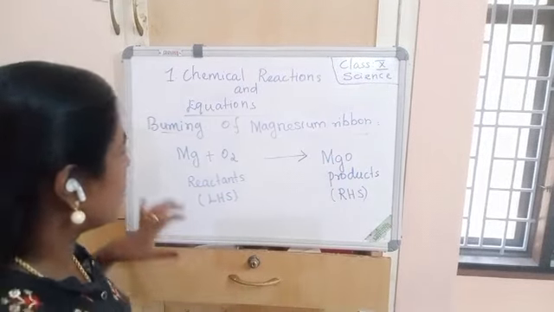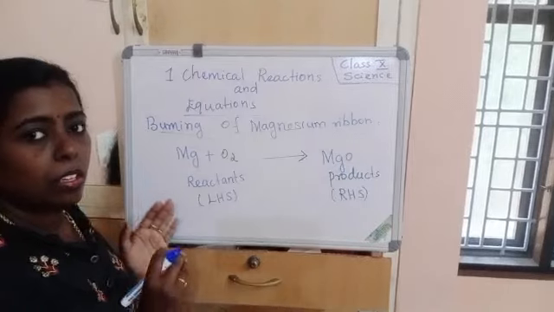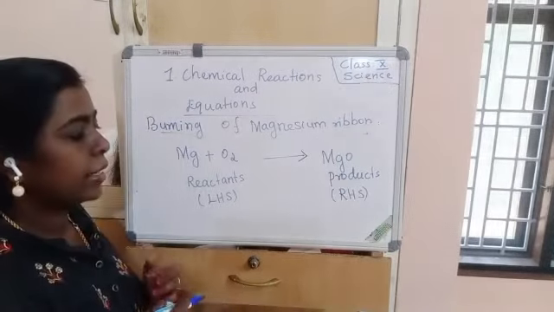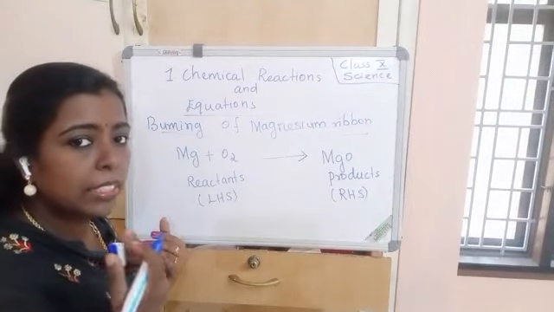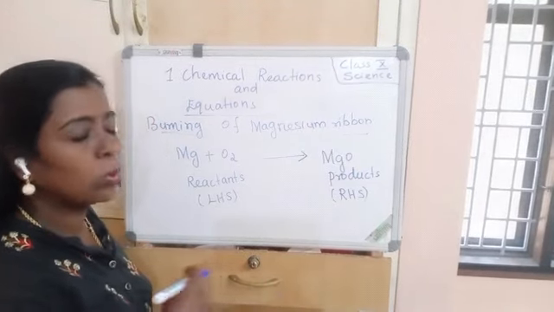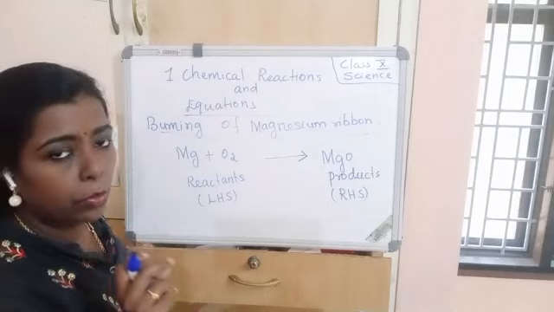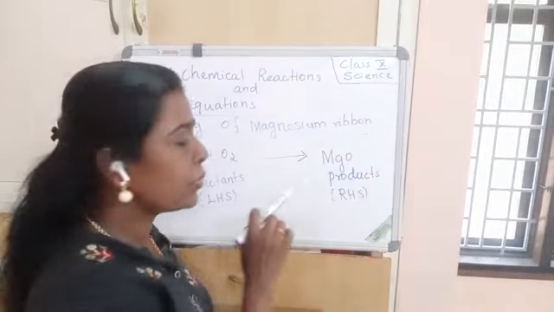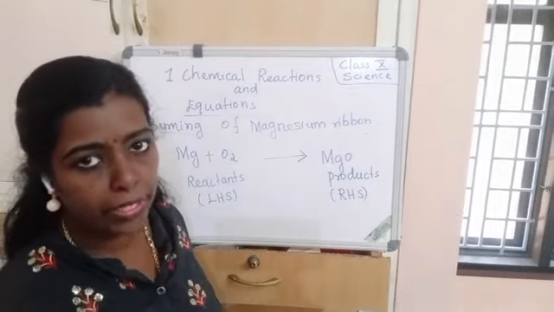So the first step is that reactants are always written on the left hand side and the products are always written on the right hand side. An arrow is placed in between. The arrowhead is always faced towards the product.